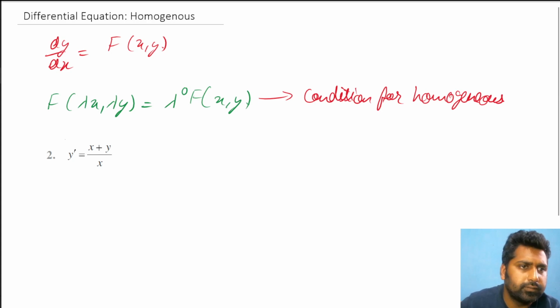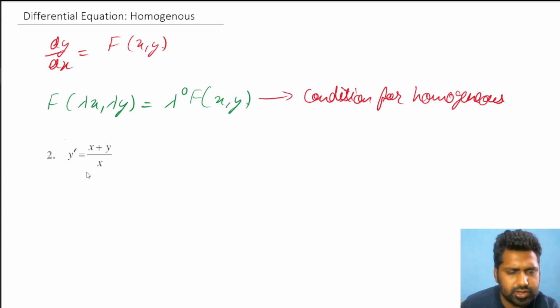All right, so this is our dy by dx, y dash is dy by dx, this is the function. So let's call this f of x comma y.